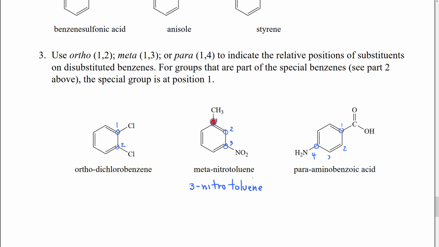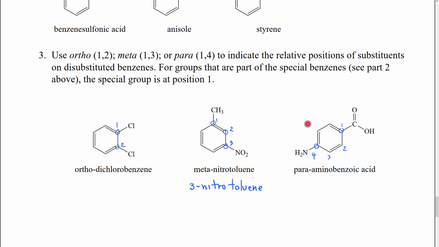As a result, the carbon with the methyl group is going to be number 1 for IUPAC numbering. And we're going to name this as a toluene that has a nitro attached. Since they're 1,3 related, we'll call this metanitrotoluene. But it is in fact also correct to call it 3-nitrotoluene, since we can start counting at the carbon with the methyl group attached of the toluene and count up to 3.